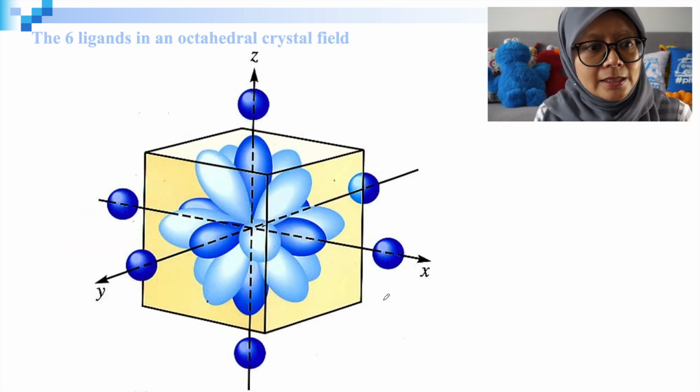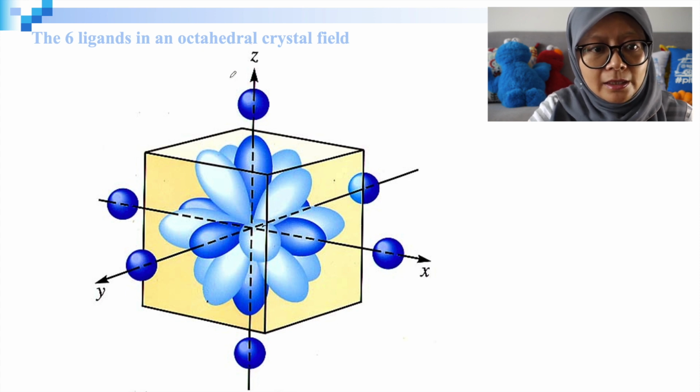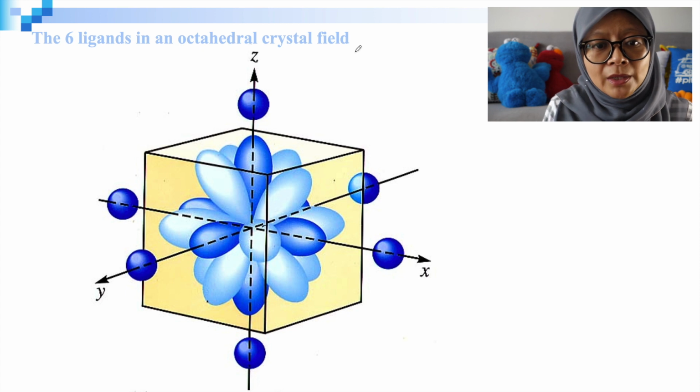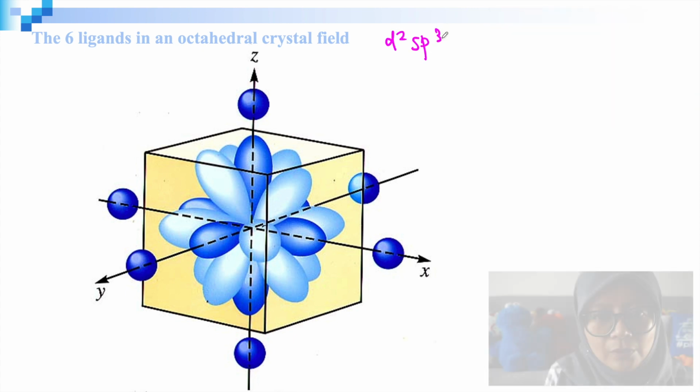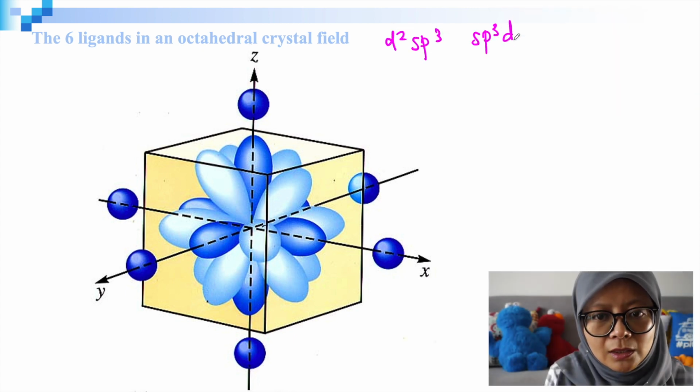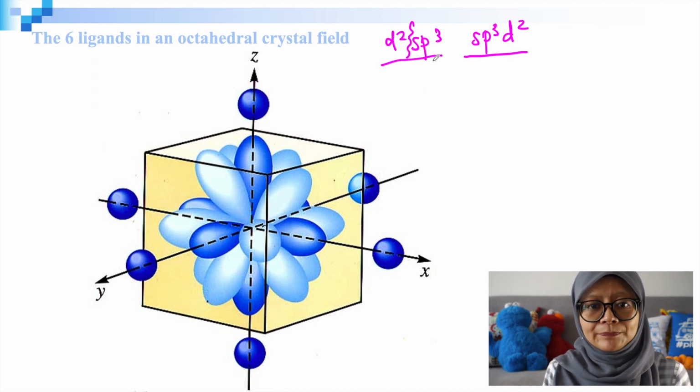And then this is the 6 ligands in octahedral crystal field splitting. So it will give you 2 types of hybrid orbitals, d2sp3 or sp3d2. This is where we have the same level of orbitals, and this is where we have different levels of orbitals between d, s and also p.